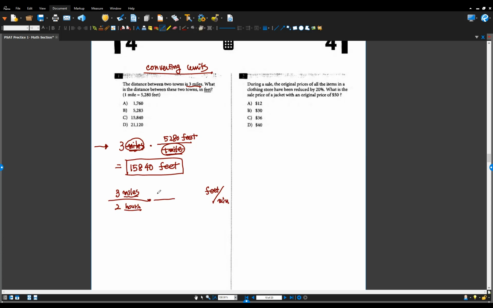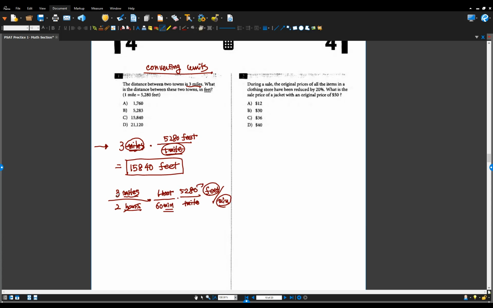Hour is at the bottom, the other hour is on top. 1 hour is 60 minutes. That is canceled out. Now we have this minute over here. Now this is a mile over here, 1 mile is 5280 feet. The mile is canceled out. Now we can see feet and minute over here, right? It's okay.